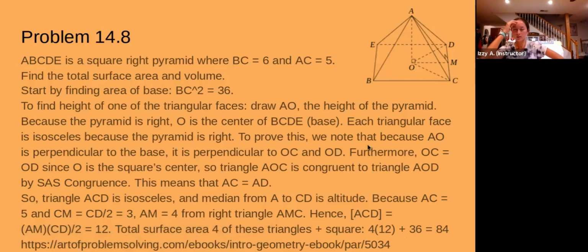So that is how you would figure out the surface area of a right pyramid: by finding the area of one of the triangular faces, adding those 4 up, and then adding the base.